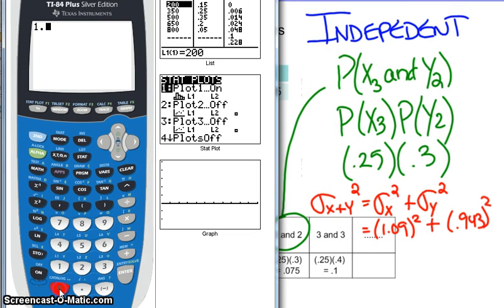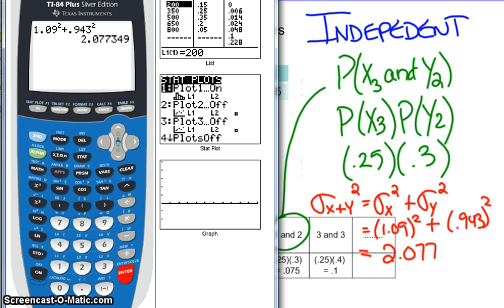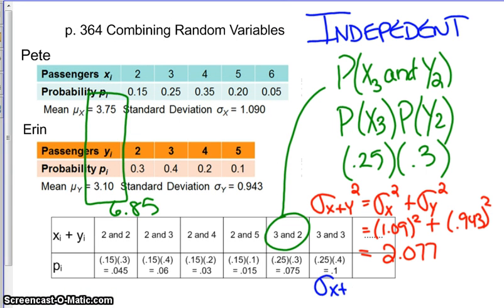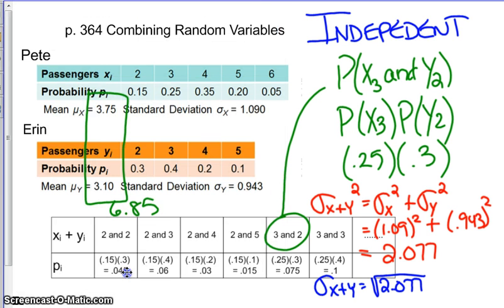So I'm doing that. And we get 2.077. Now to transform that into my standard deviation, I would need to take the square root of that piece. That gives .44. And that's a tricky thing that you have to be careful with.